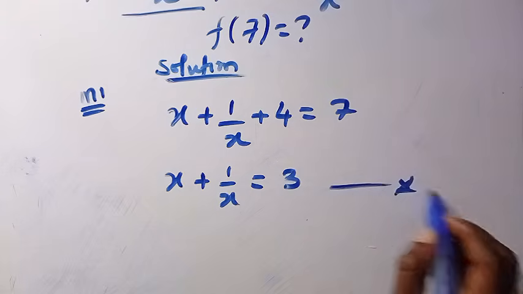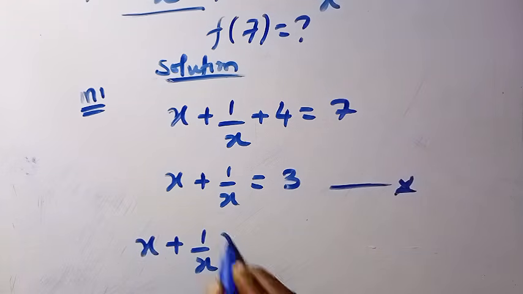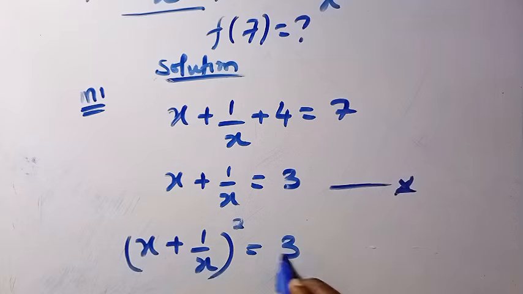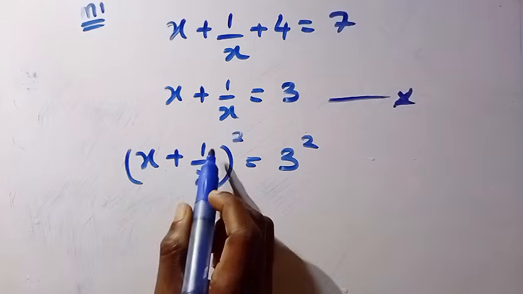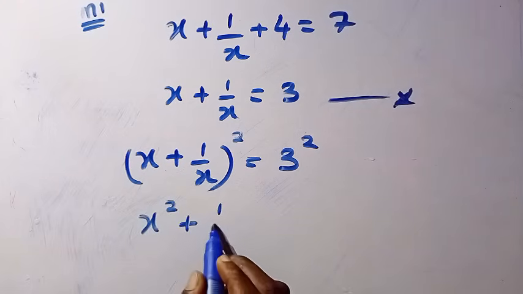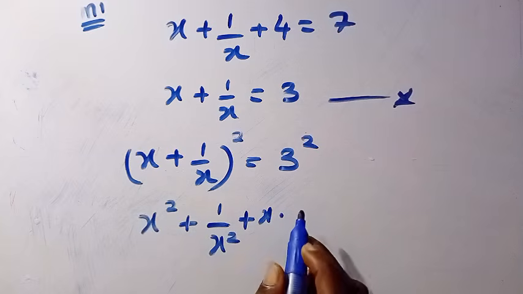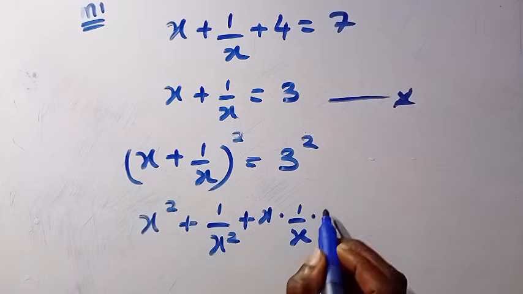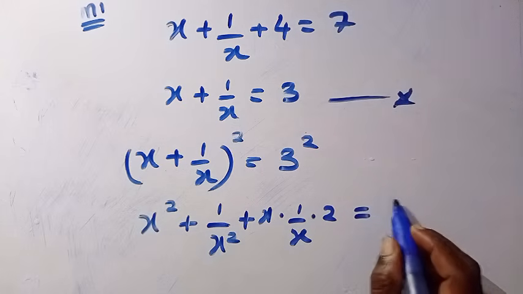Then we take the square of both sides. By squaring both sides, we have (x plus 1 over x) raised to power 2 equals 3 raised to power 2. Expanding, we get x squared plus 1 over x squared plus x multiplied by 1 over x multiplied by 2, and this equals 9.